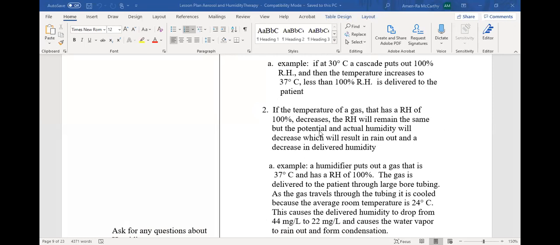Say you have that same 39 degrees Celsius, right? You have a potential of 50, and it's holding 50, so it has a relative humidity of 100%, okay? But if the temperature goes down to 20 degrees Celsius, now the potential goes down to 25 milligrams, right? And the absolute will be 25 milligrams. So what's the relative humidity?